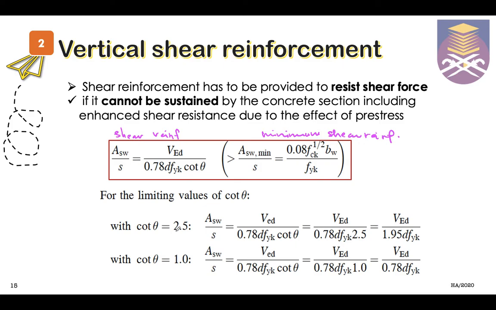If we consider the angle to be 22 degrees, then cotangent theta will be 2.5, and when we consider 45 degrees, the cotangent theta will be 1. So you can just substitute into the equation to get the complete equation of the shear reinforcement design.